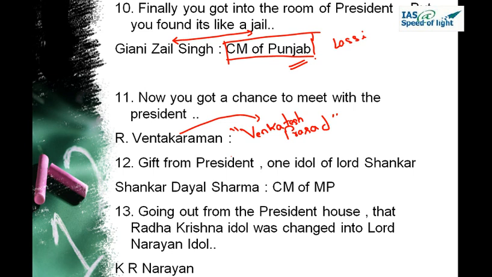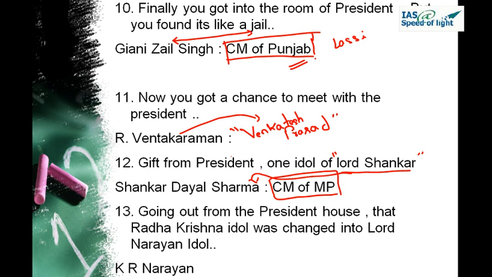So you met with the President, and the President gave you a gift for visiting his house, and he gave one idol of Lord Shankar. Okay, the Lord Shankar idol he gave, and from Lord Shankar, we get Shankar Dayal Sharma, who was the CM of Madhya Pradesh.